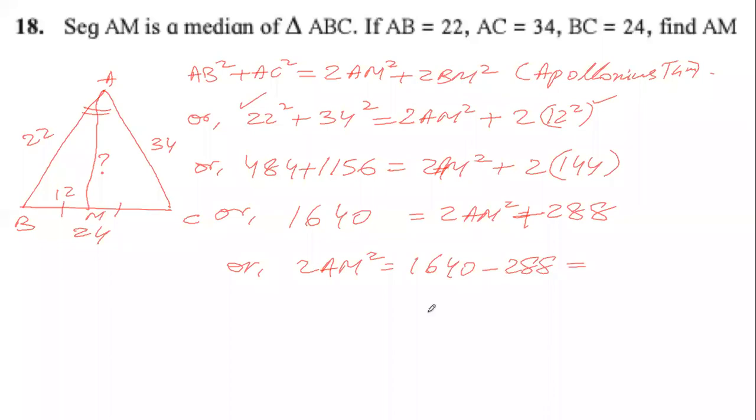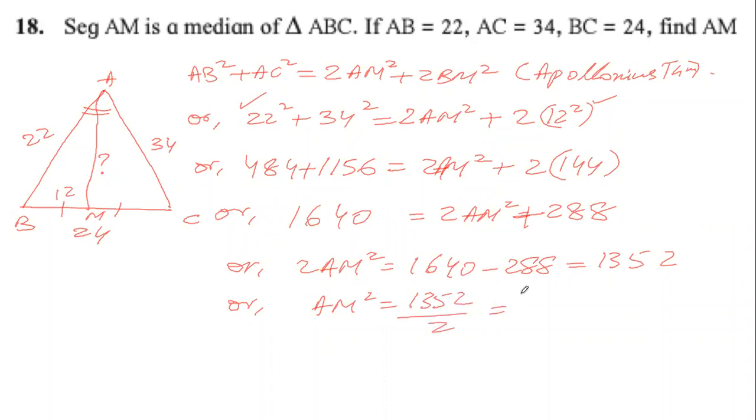How much is this subtraction? 1352. Correct. I again hope that you are using your notebook and pen. So our AM square will be equal to 1352 by 2.